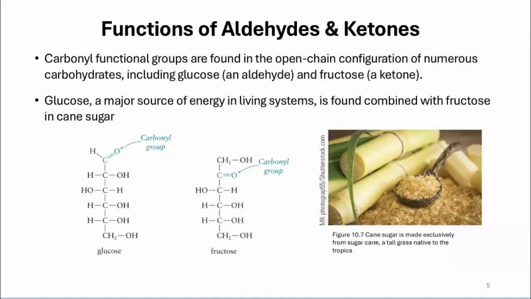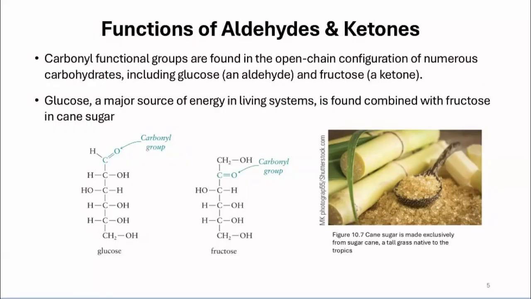When it comes to finding this functional group in biological systems, it is important to note that aldehydes and ketones can be found in biomolecules. For example, in the next chapter, Chapter 11, we are going to speak extensively about carbohydrates.